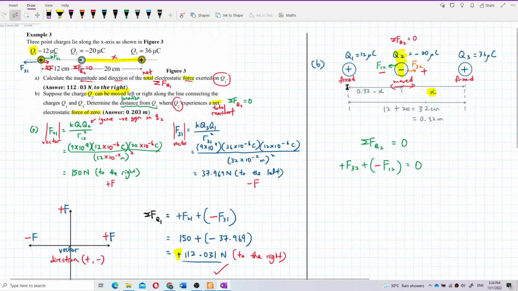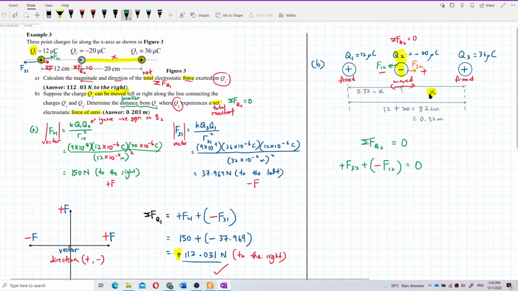Don't put this as y; we want common terms here, so use x. Alright, let's continue.